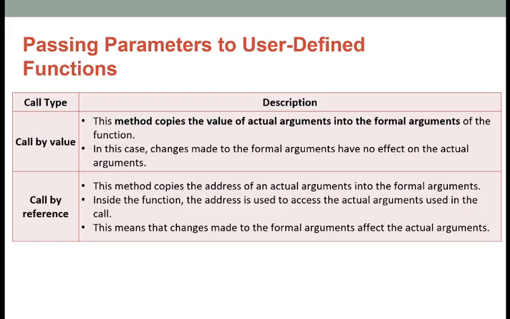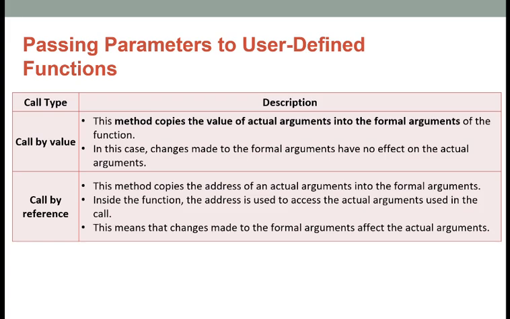So when we are going to pass this value into the formal parameters, the function which is used in the called function or function definition will not affect the value that is stored in the actual parameter. That is what is called by values.